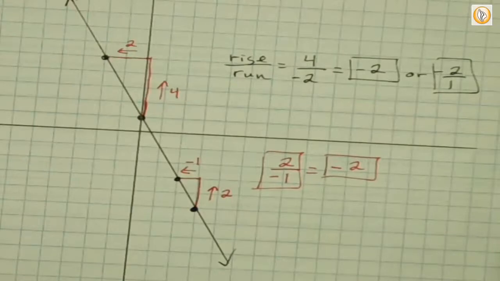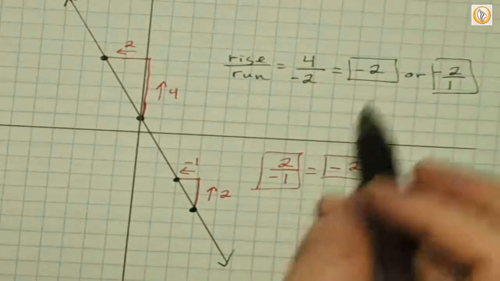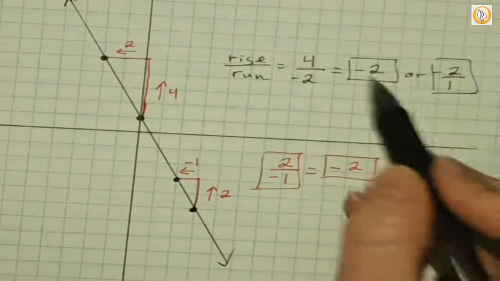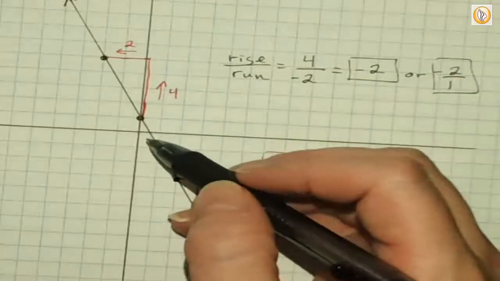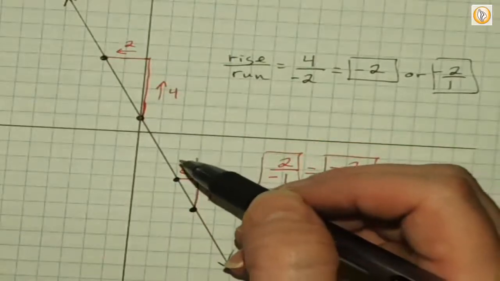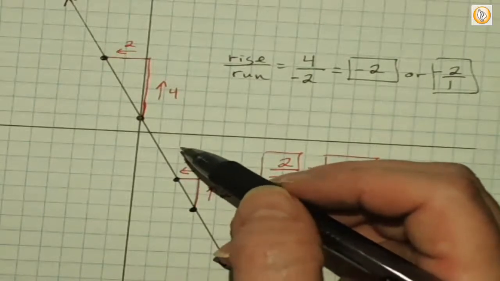Wait, hold on. Wait, so it could have been 2 over negative 1? This is your answer. See? But it could also be 2. You guys listen, you choose any 2 dots on the line that cross at the intersection.